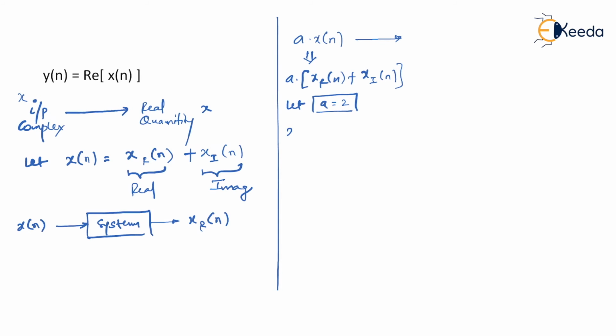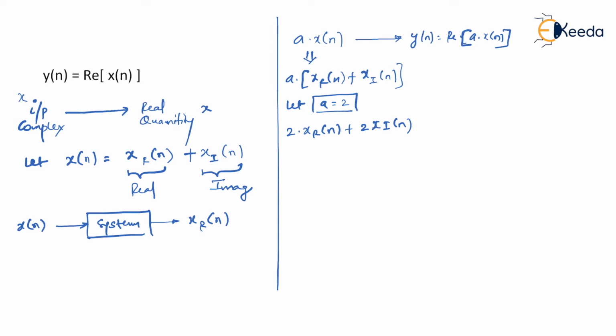Then the input is twice xr of n plus twice xi of n. Is that right? Let us try to predict what should be output. If you apply input as x of n, output is real part of x of n. Then if you apply input as a times x of n, output must be y of n equal to real part of a times x of n.